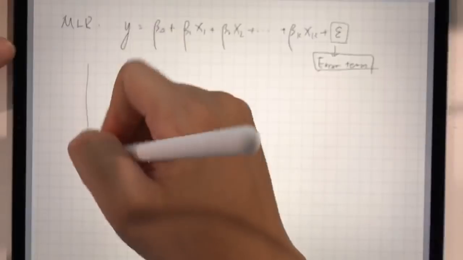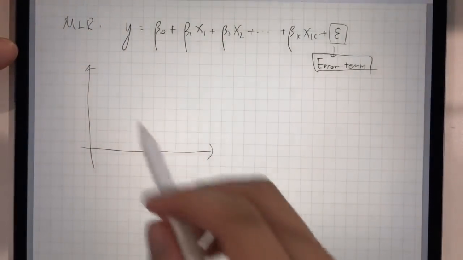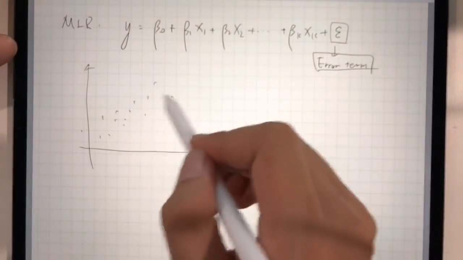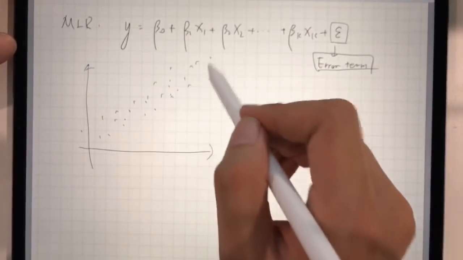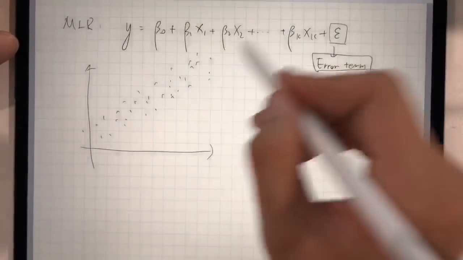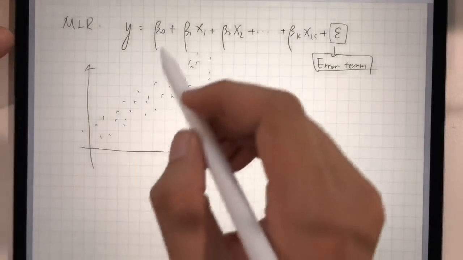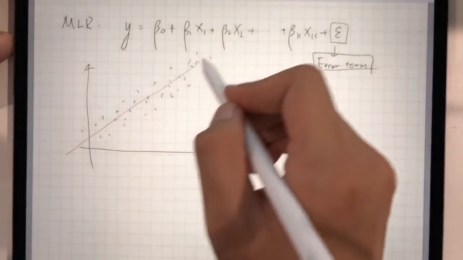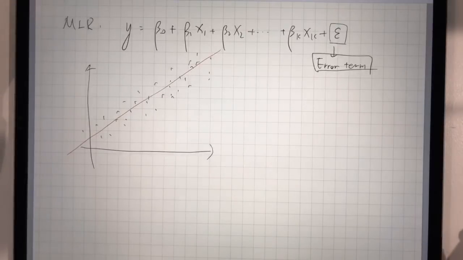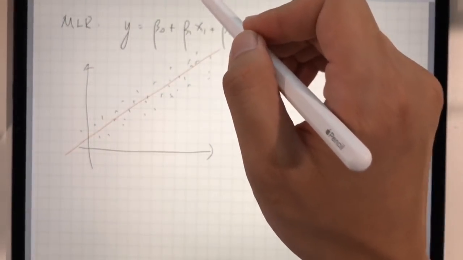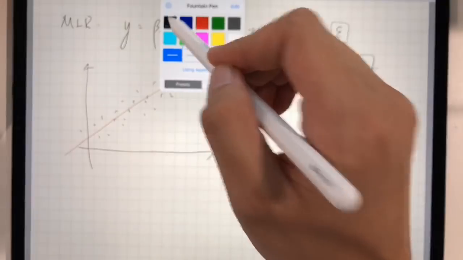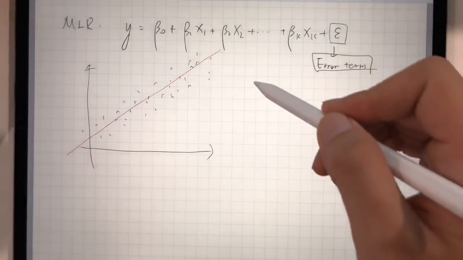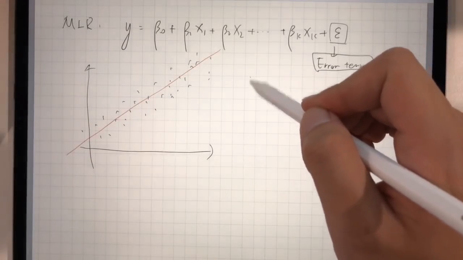So if you draw a diagram of the multiple linear regression model, it must be some scatter plots near a straight line. So I can draw a straight line over here. I'll change the color. So this is a straight line, okay? And for the standard deviation of the error term, before I tell you what the error term standard deviation means, let me show you 2 different scenarios.